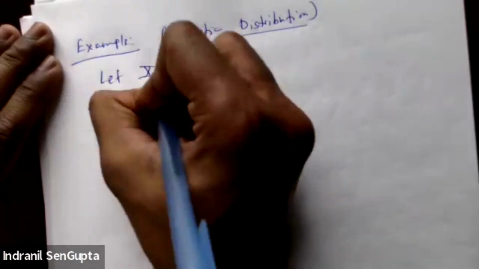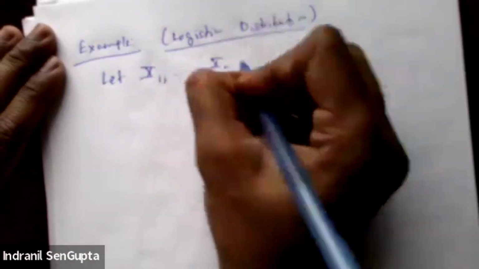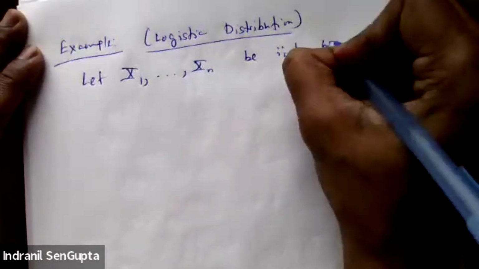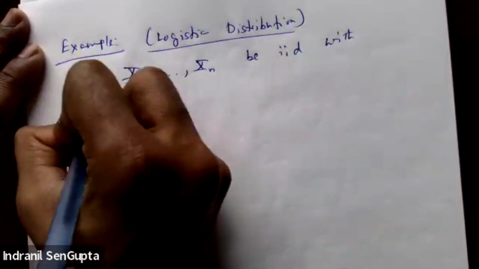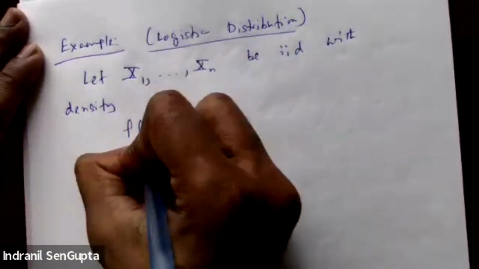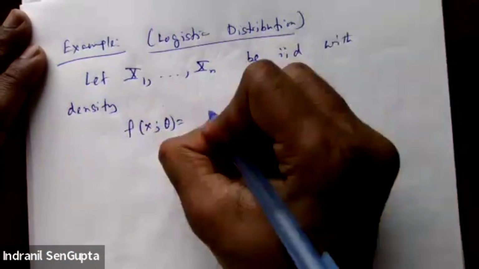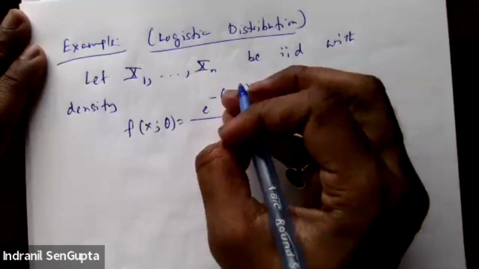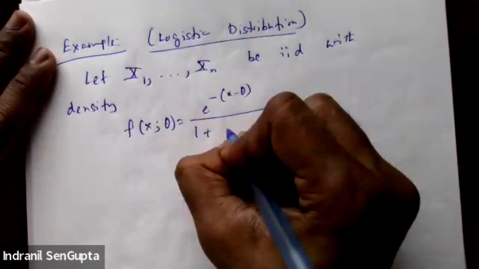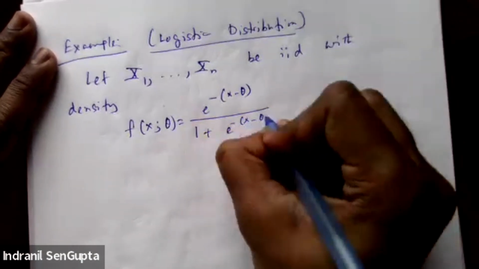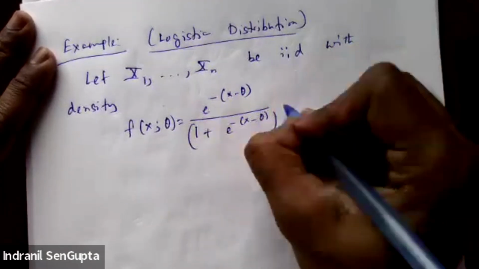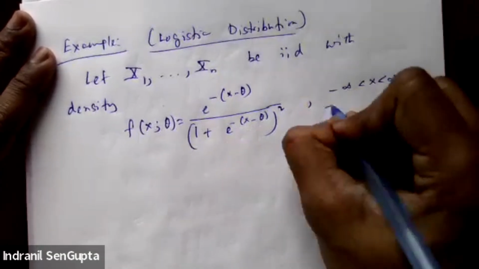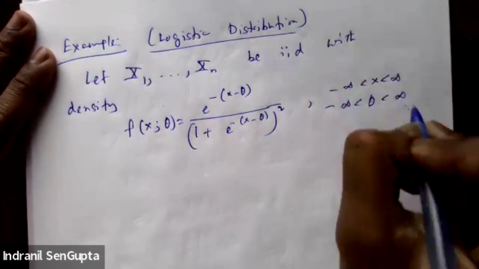Let x1, x2, ..., xn be IID with density f(x; theta) equal to e^(-(x - theta)) over (1 + e^(-(x - theta)))^2, for minus infinity < x < infinity and minus infinity < theta < infinity.